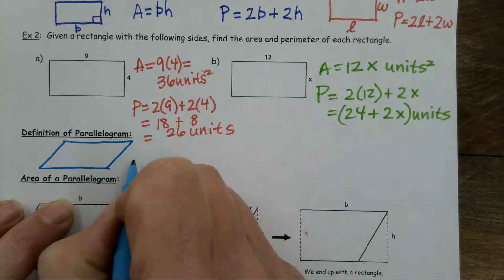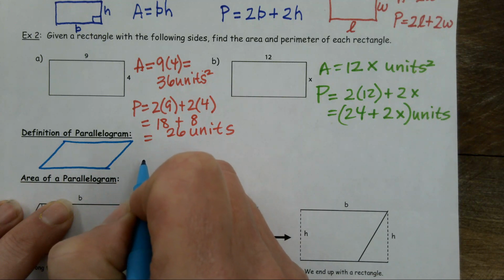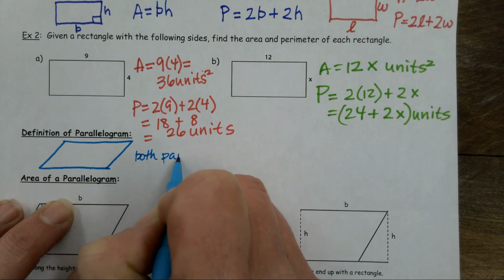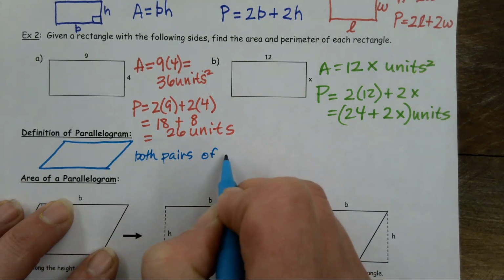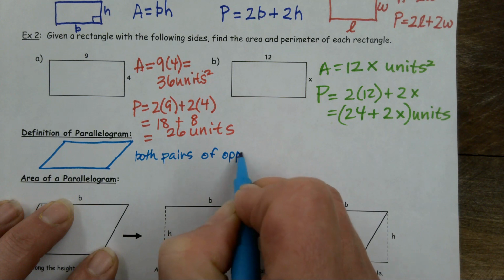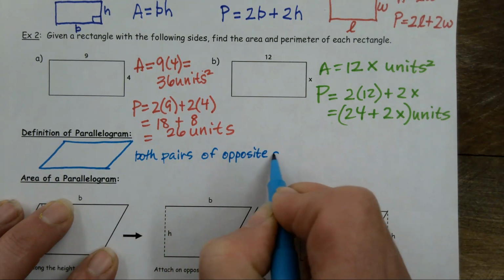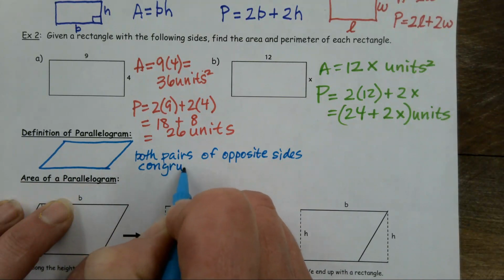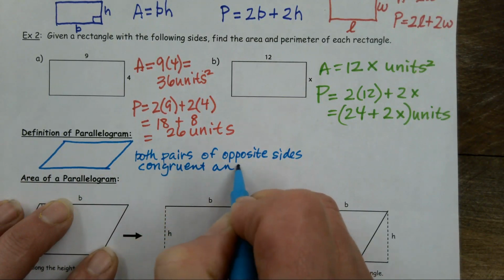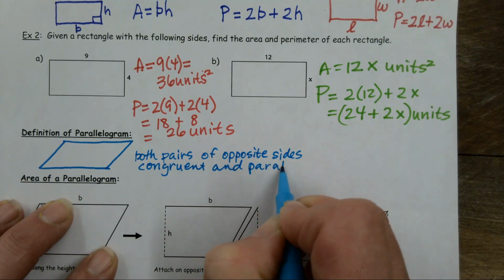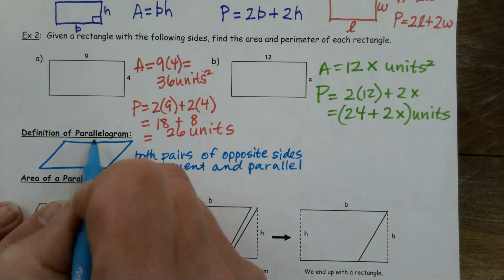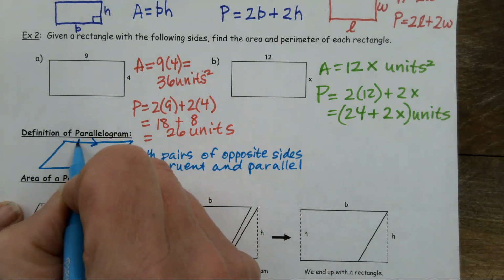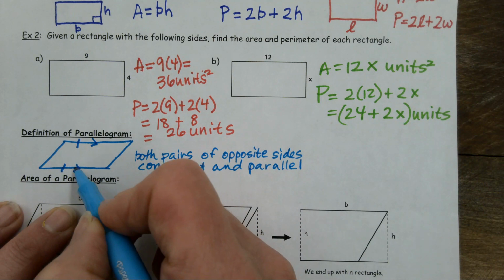A parallelogram, by definition, has both pairs of opposite sides congruent and parallel. And so both pairs of opposite sides, I'd mark those as congruent with a straight dash, parallel with an arrow.